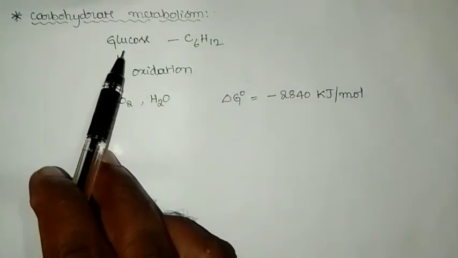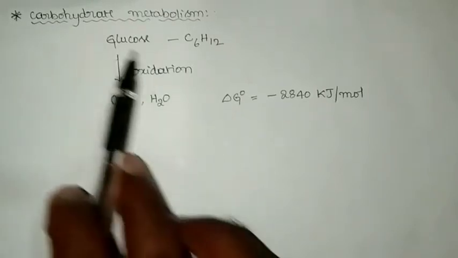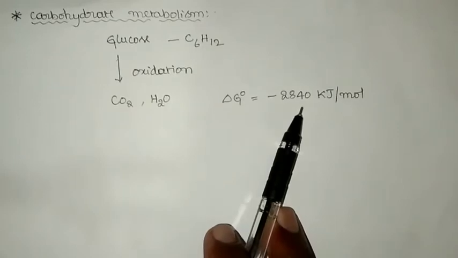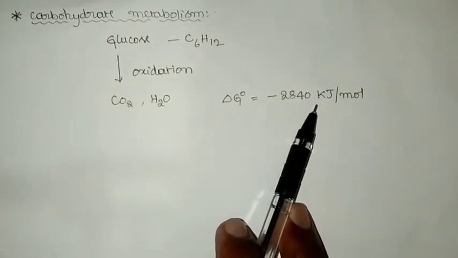That means for 1 mole of glucose, there will be a release of 2840 kilojoules of free energy.